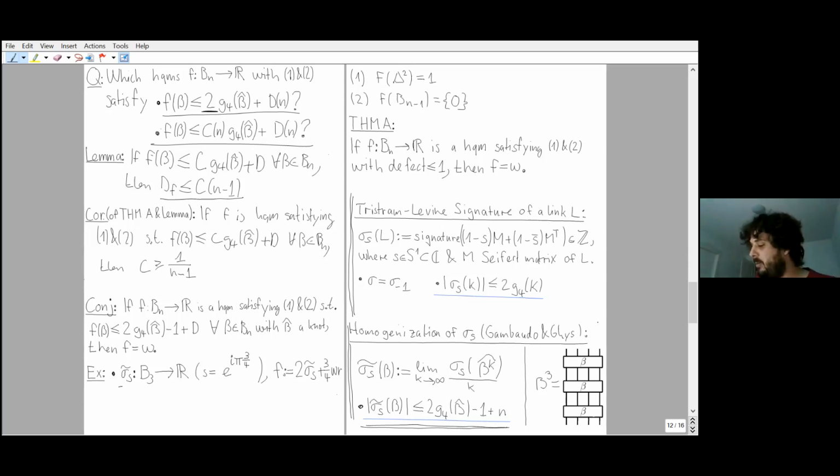And so what I've done over here is, okay, I have such a quantity. If you want to normalize this to satisfy 1 and 2, I take some linear combination with the writhe. But if you set it up like this, then F satisfies 1 and 2. And it turns out that you have a slice-Bennequin type inequality that looks like this.